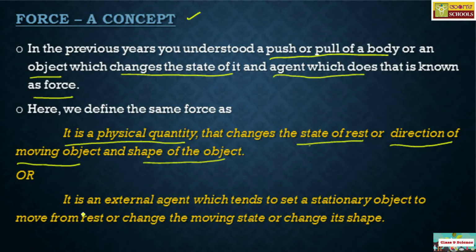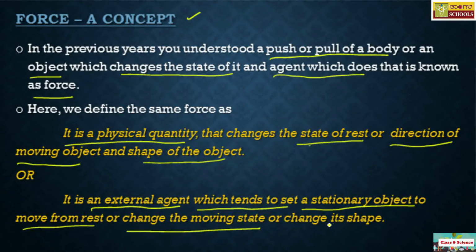The second one, force is an external agent. It is an external agent which tends to set a stationary object to move from rest, or change the moving state, or change its shape.